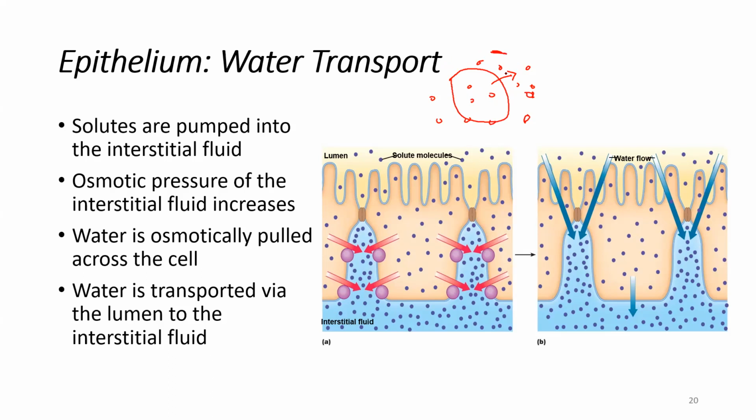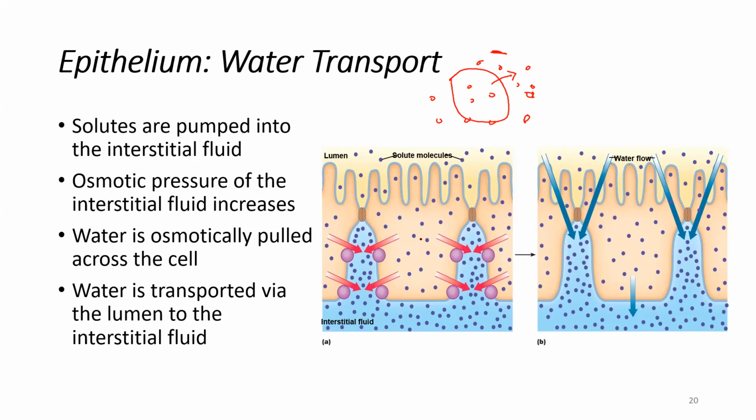And we can capitalize on that osmotic pressure. This is how we move water across our membranes. We pump solutes into the extracellular or interstitial fluid. So we have a high solute concentration, or a low water concentration, in the interstitial fluid around our cells. Inside our cells, we have a low solute concentration and a high water concentration.